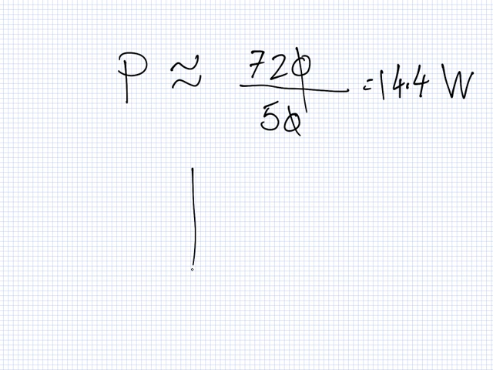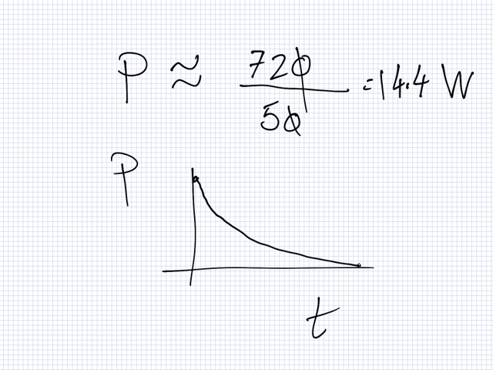It means this. Here's the time, here's the power, and the power decreases exponentially. But if you were to imagine that it was constant, it would look something like this, like an average of 14.4 watts. Now, again, I repeat, at the beginning it will be more than 14, and at the end it will be less than 14, but it's on average 14.4.